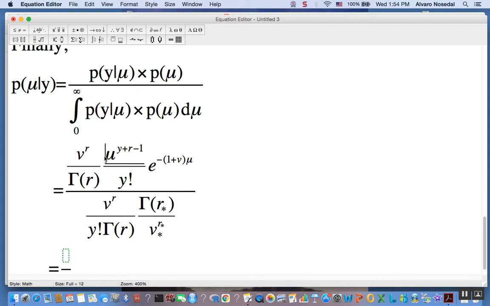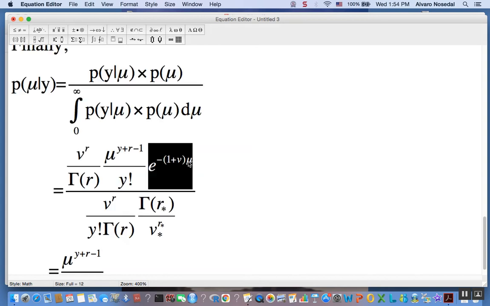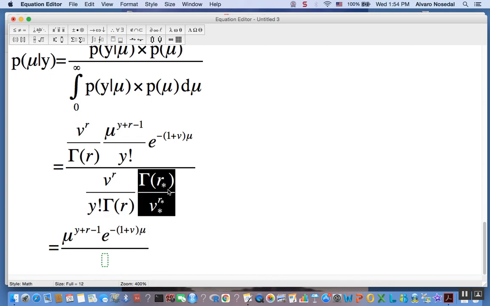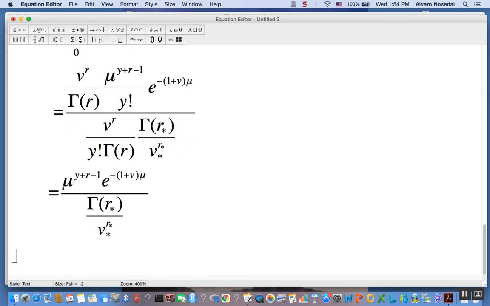So here what we have is that term times that term, because the y factorial will cancel out with this one, and that with that. Then in the denominator we only have this, but that is equivalent to having just v star to the r power divided by gamma to the r power, times this. Make sense?